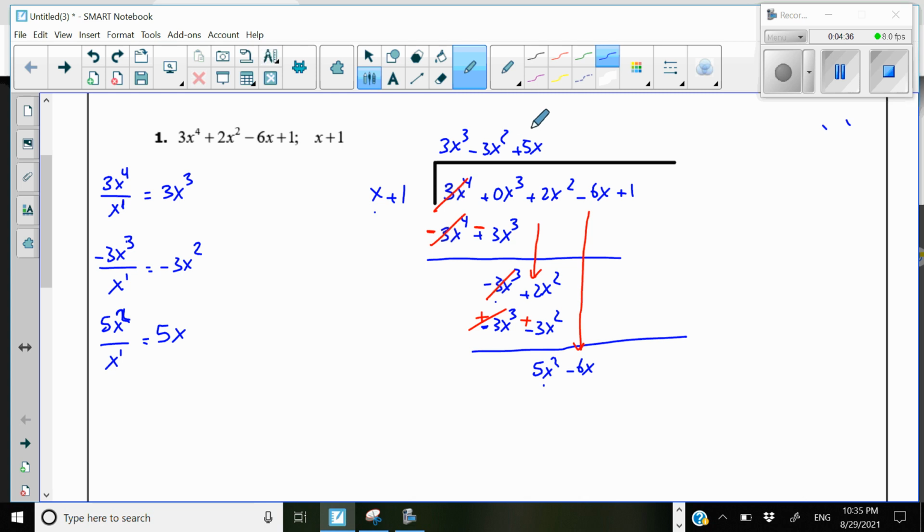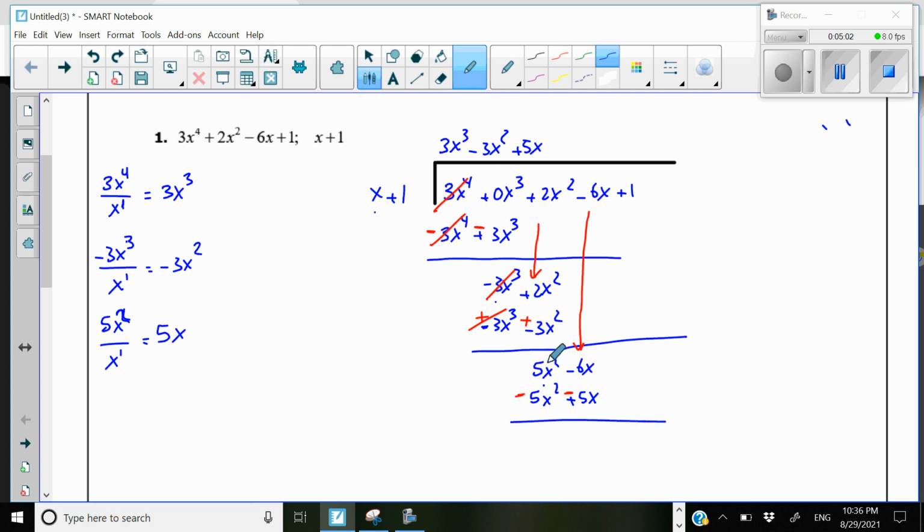Then multiply 5x, the new term, only the new term, by both of the terms here. 5x times x is 5x squared, times 1 is 5x. Again, I'm going to subtract the bottom one from the top polynomial, and that will change the sign of both of the terms here. So they are negative now.